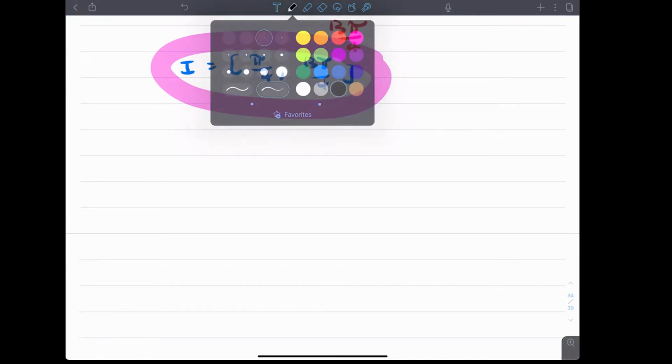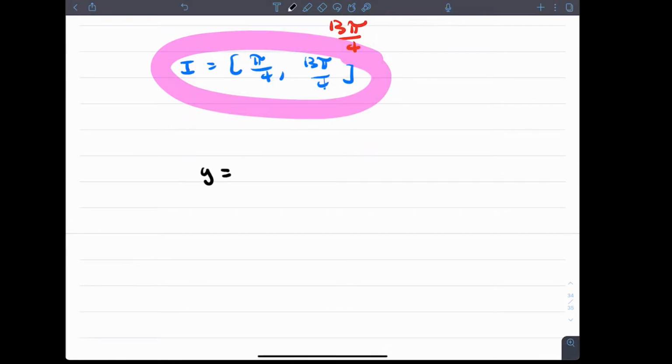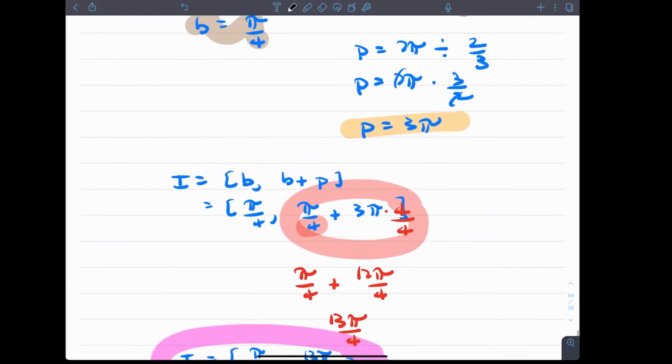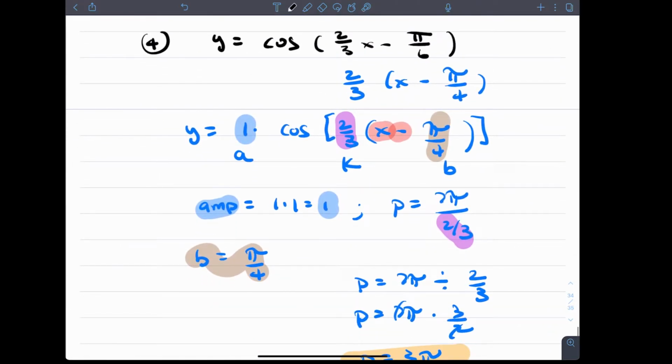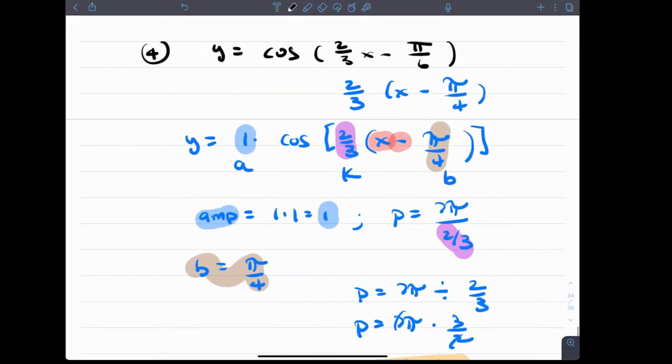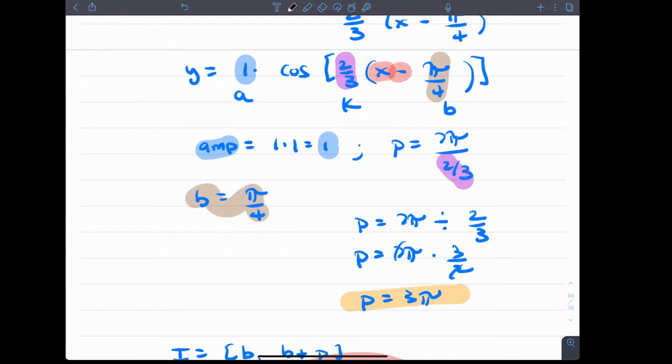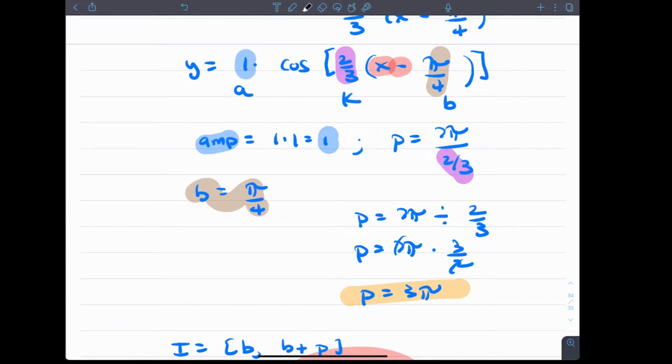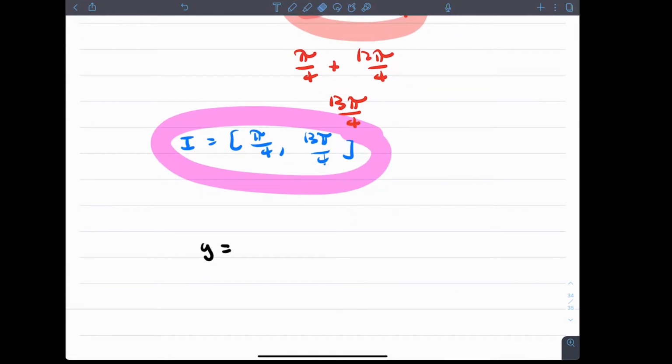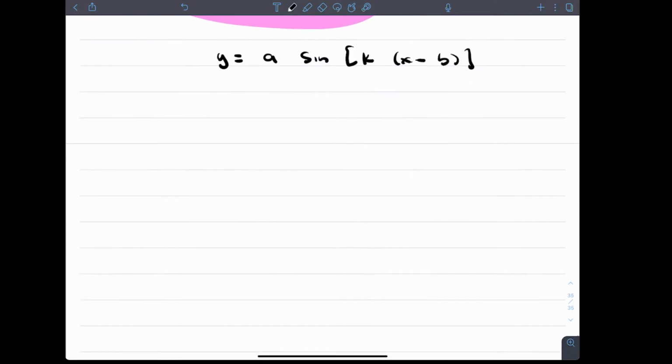Let's see if you guys remember this here. Which one we just did? Okay. No, you know why? Because if you go back right in here, remember that format I gave you? It has an X minus. So B is always, if you remember the format that they gave you here, and it's the format I gave you too, you have A sine K X minus B. Something like that.